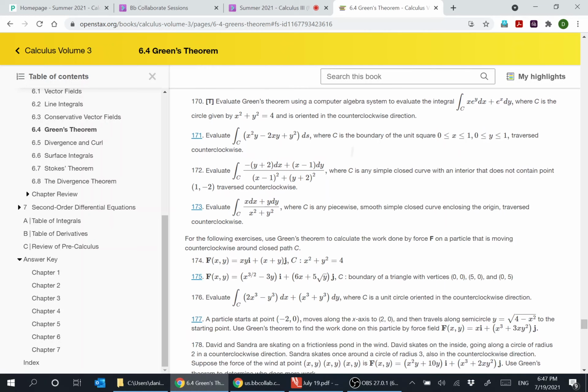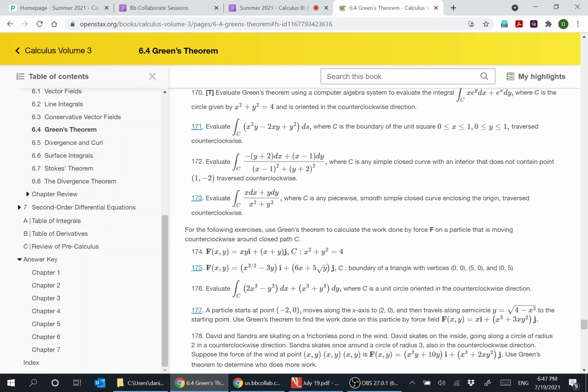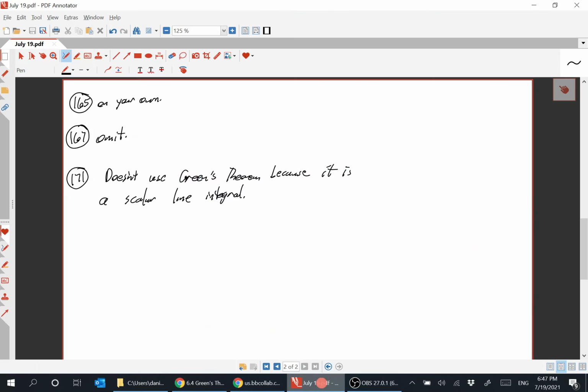173, 184. So evaluate, so this is P dx plus Q dy, just written in a strange way. So let's take a look at that.